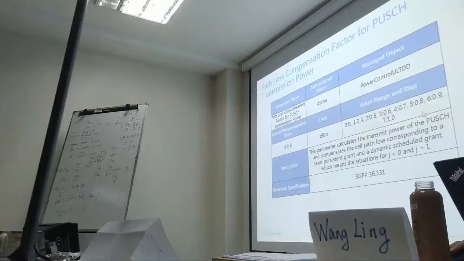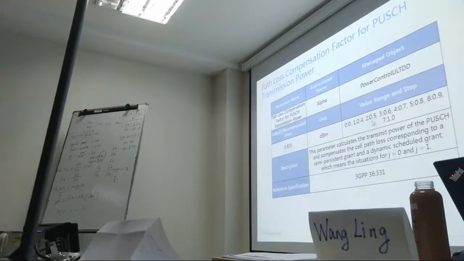What if I only consider maybe 50% of the path loss? Usually we don't only consider 50%. That means the path loss is 100 dB, but you only compensate 50 dB. So when I transmit the data or signal, the base station even cannot receive it.